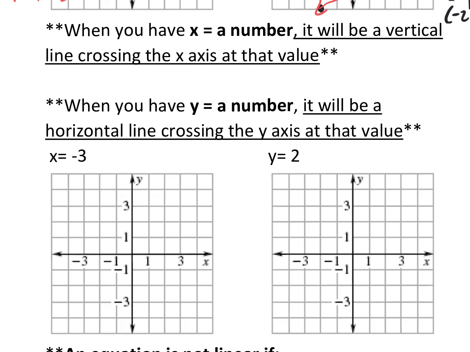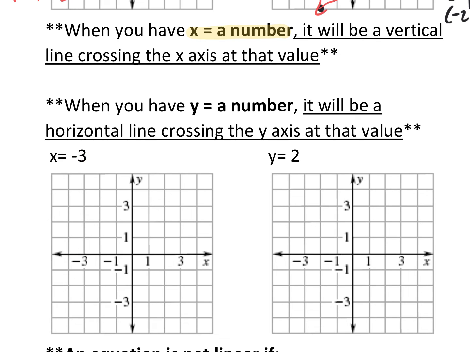When you have x equals a number, it's going to be a vertical line. That means a line going up and down, crossing the x-axis at that value. Okay? So anytime you have x equals a number, you're going to go to that x-axis. You're going to go to the value of negative 3, and you're going to draw a vertical line right through it.